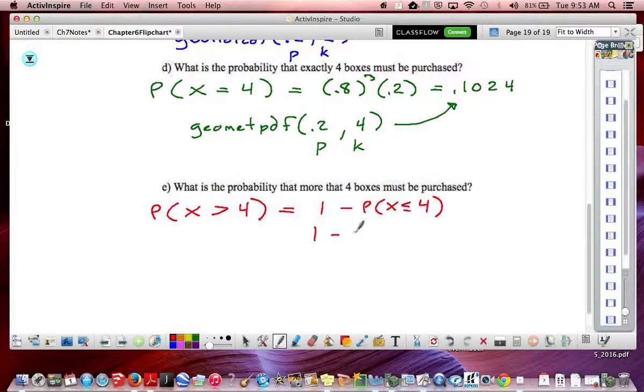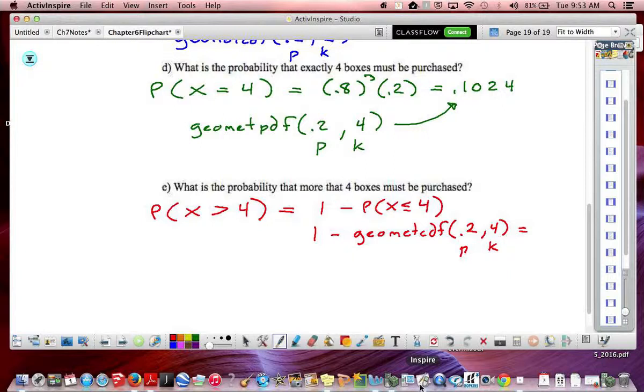So, on this one I could do geometric CDF, 0.2, comma 4. So again, here's P, here's K. Now this is CDF, not PDF, so I can't take the answer from the previous one to get it.